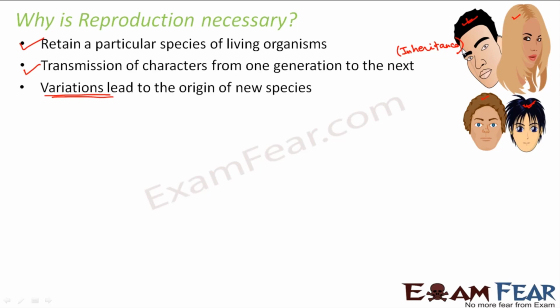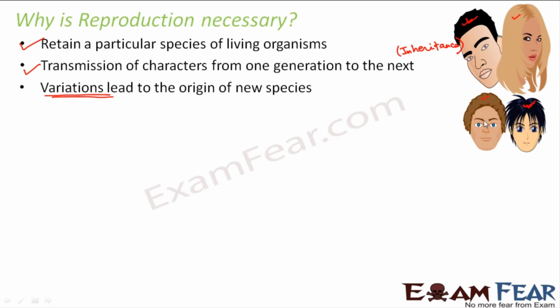Something which is different. Now, in this example of the couple, do you notice something? The two children inherited some characters from the father and some from their mother, but there are some characters which are neither inherited from the father nor from the mother. So it is a new character which the child has developed.